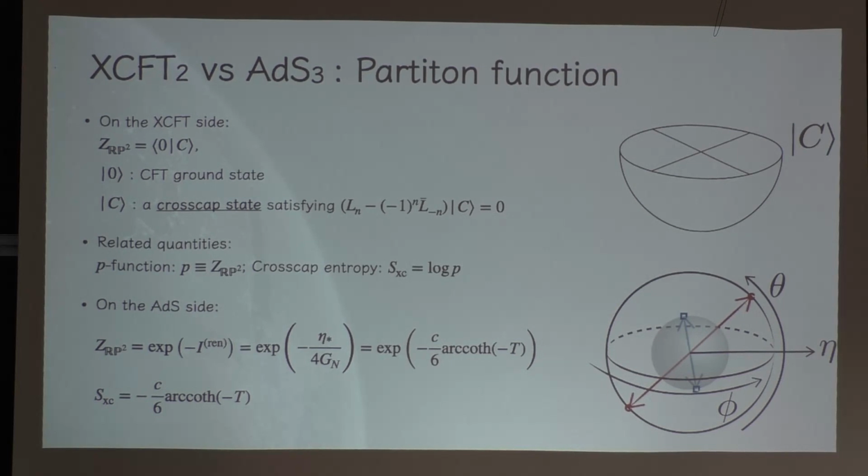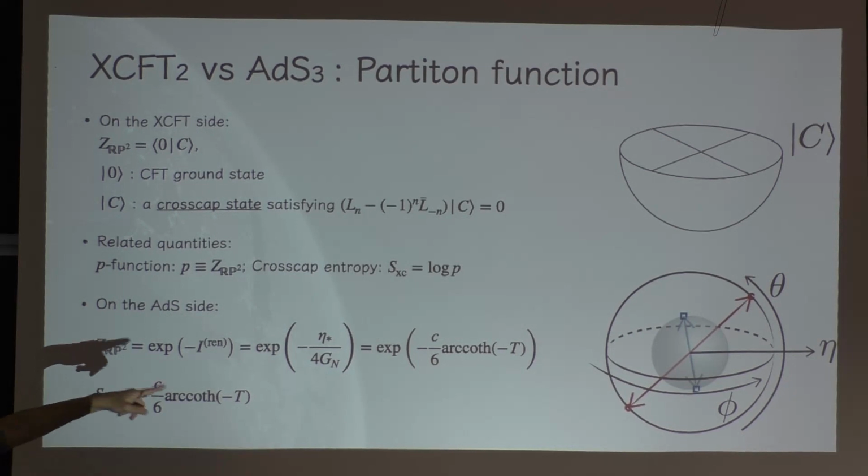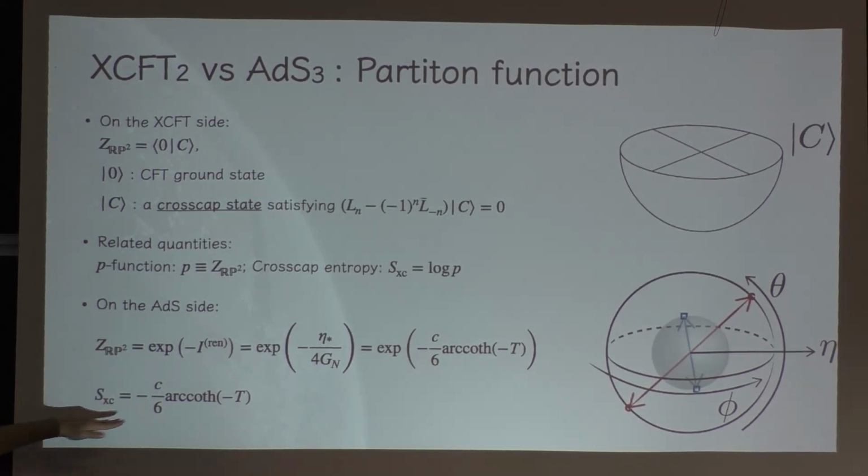On the AdS side, we can also compute the RP2 partition function as a function of the tension of the end-of-the-world brane, and the crosscap entropy is related to the tension this way. This is not a consistency check; this is the development of the dictionary, and we will later do the consistency check for what we develop here.